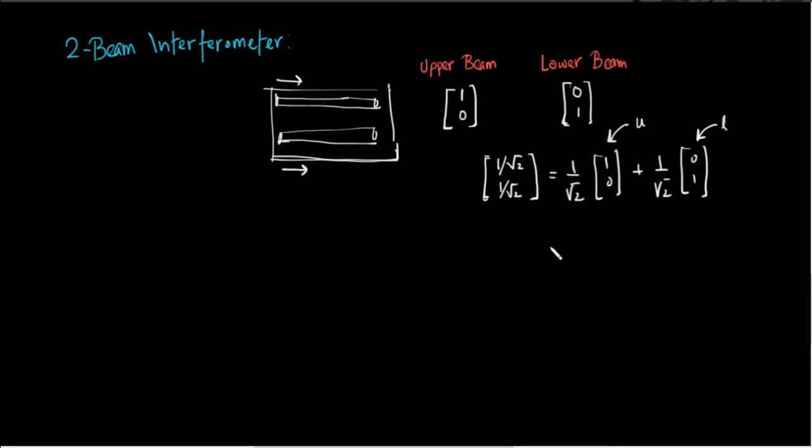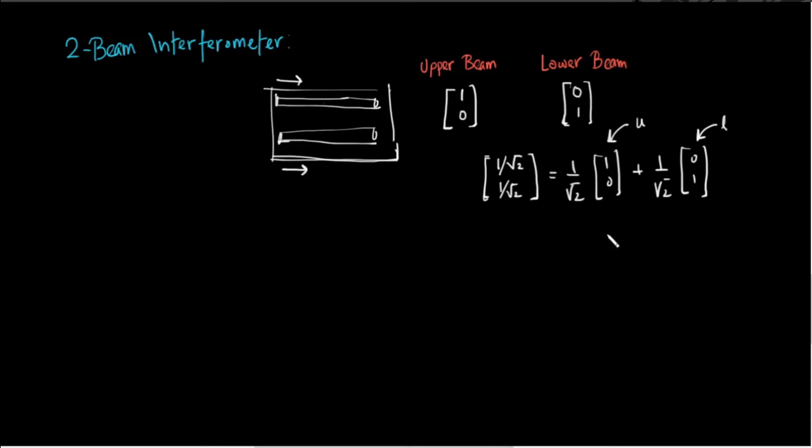Classically we might want to think that the photon has been split up and some part of the photon is in the upper beam and some part is in the lower beam. But quantum mechanically, photons cannot be split up. The photons are the fundamental units of light, so you cannot actually split them up. There is only one photon.